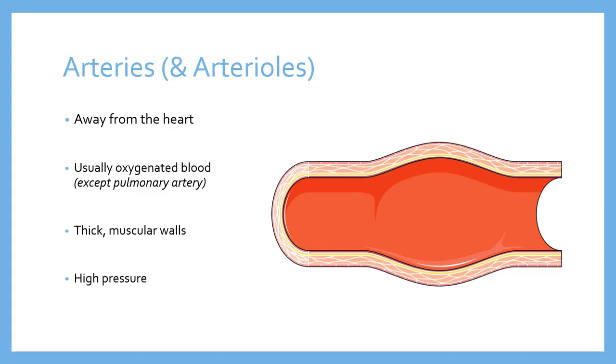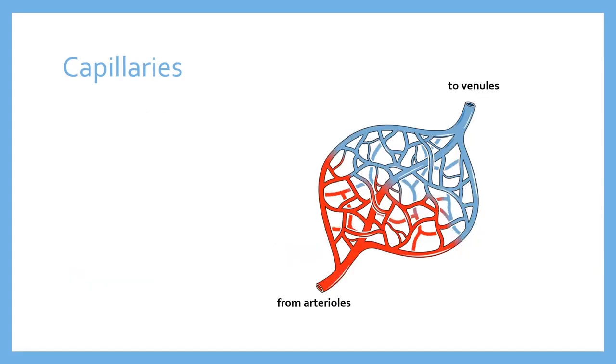So the arteries are going away from the heart and bringing blood through vessels to either the lungs or the muscles, and obviously the various other organs, but we're not going to focus on those in this video. So what happens when they get there? As blood arrives at the lungs and at the muscles, it arrives from arterioles. So you remember that I said arterioles are just small arteries.